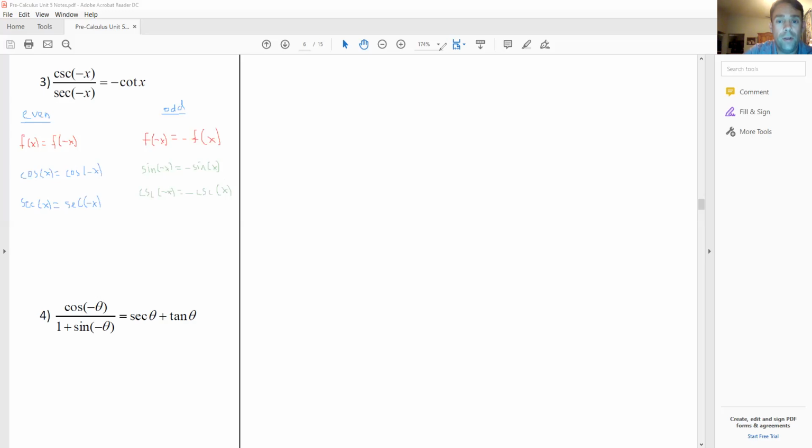On top of that, we also had tangent, which is also going to be odd. That was like the ugliest cotangent there, wasn't it? We can do better, friends.